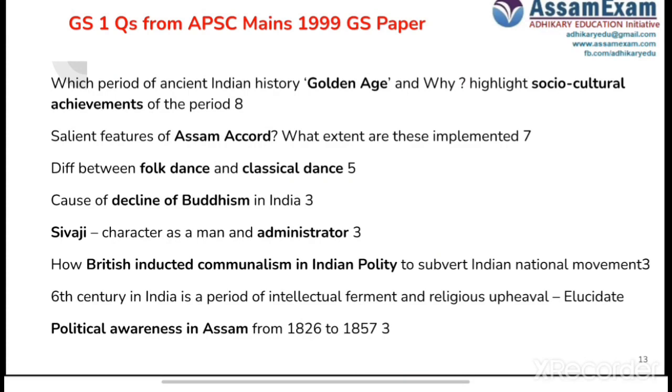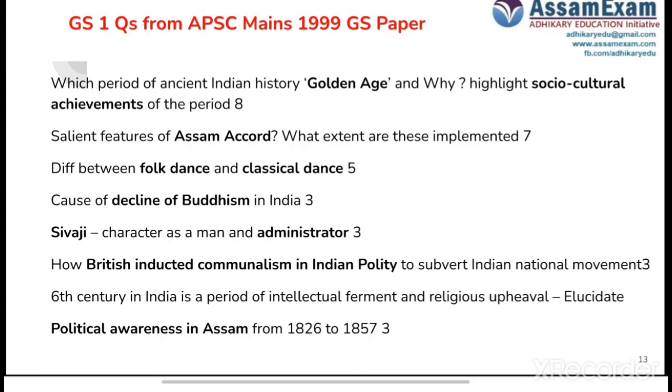Related questions can be: what are the other policies of the British which did not improve the society but negatively affected the social development of India? Earlier also we have seen one question on how British rule negatively impacted the economy of India.